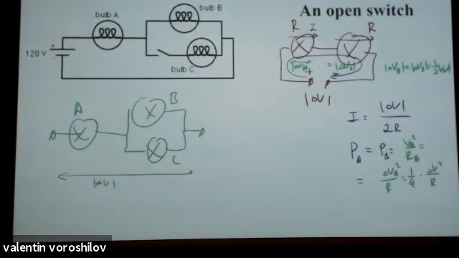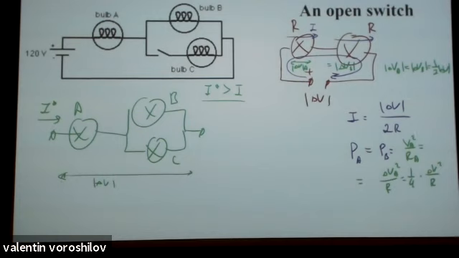So right now, the new electric current through bulb A should be higher than it was with only 2 bulbs immediately. And we can calculate, of course, how much higher. But at this point, that's all we need.